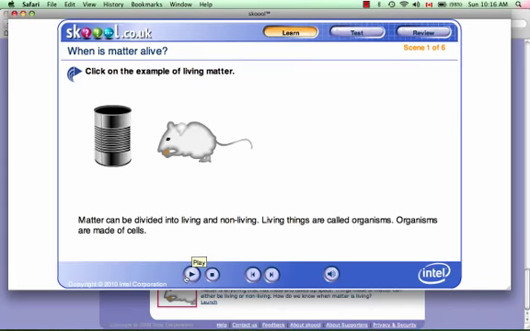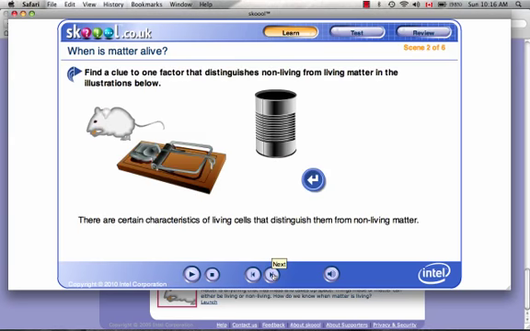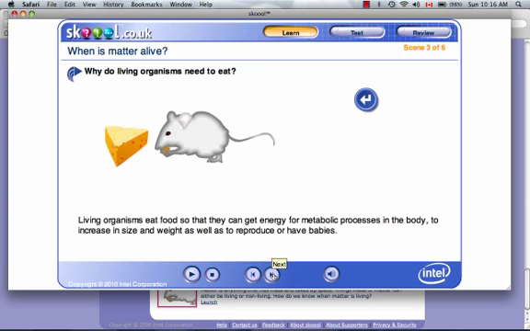Matter can be divided into living and non-living. Living things are called organisms. Organisms are made of cells. There are certain characteristics of living cells that distinguish them from non-living matter. Living organisms eat food so that they can get energy for metabolic processes in the body, to increase in size and weight, as well as to reproduce or have babies.